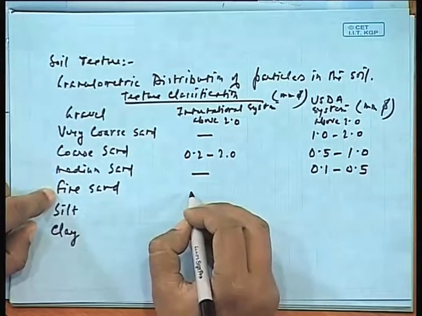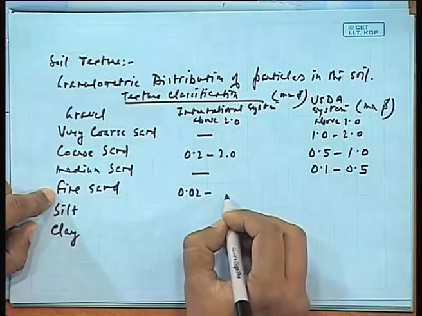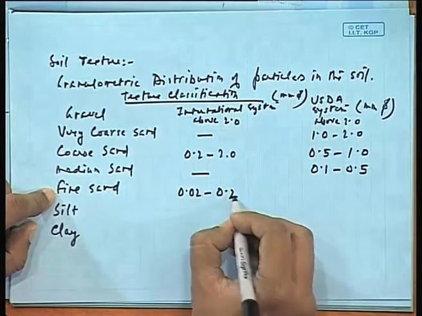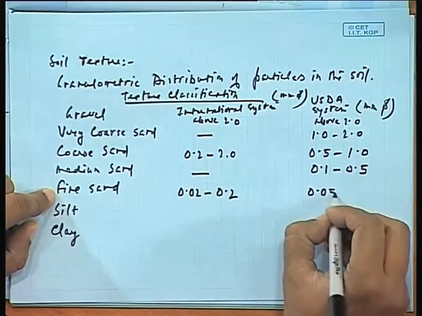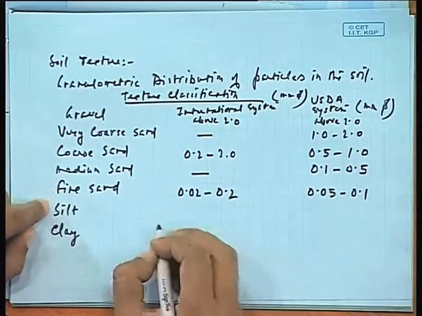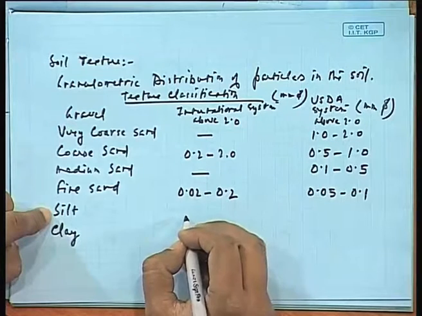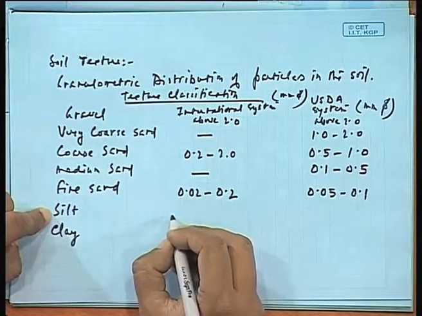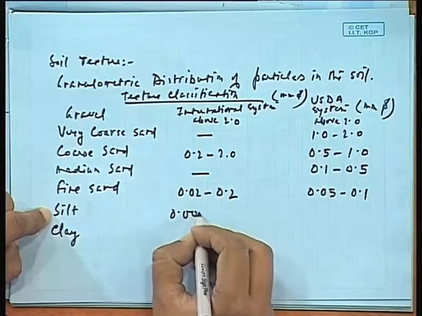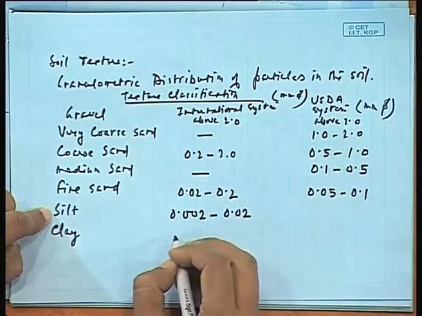Right. Fine sand is 0.02 to 0.2. This one is 0.05 to 0.1. Silt is 0.002 to 0.02.